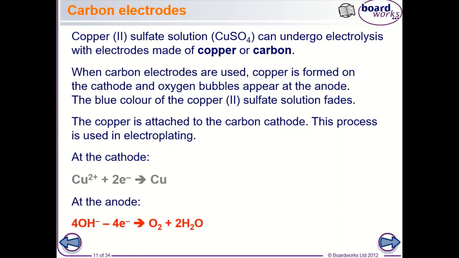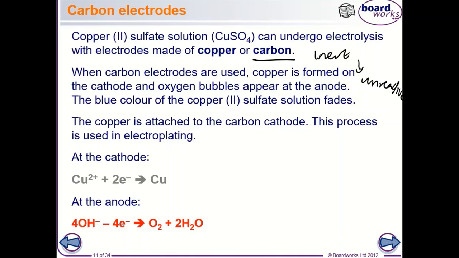Carbon electrodes are called inert electrodes. Inert simply means unreactive. Because copper too has a kind of least reactivity, it could be used here.